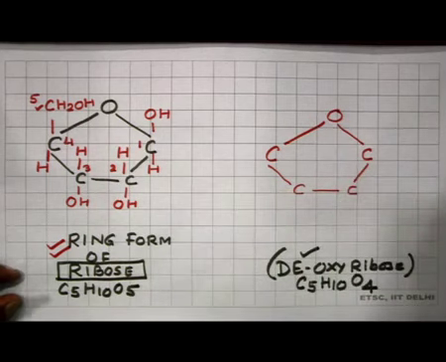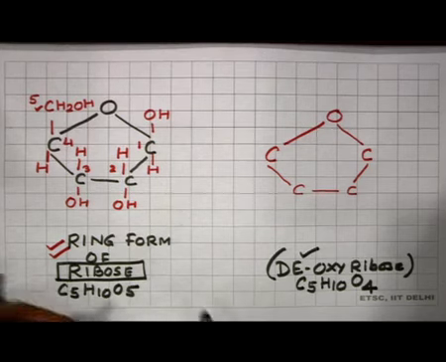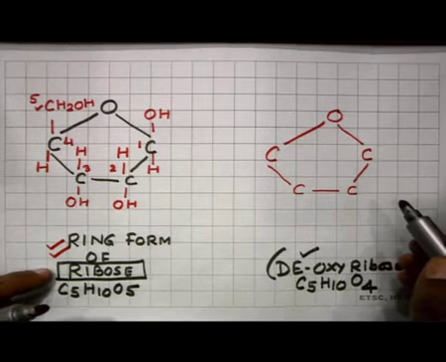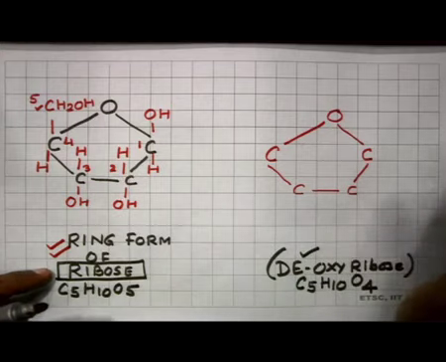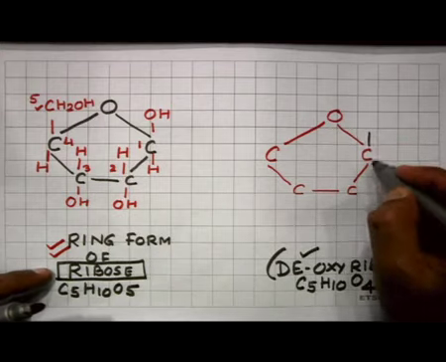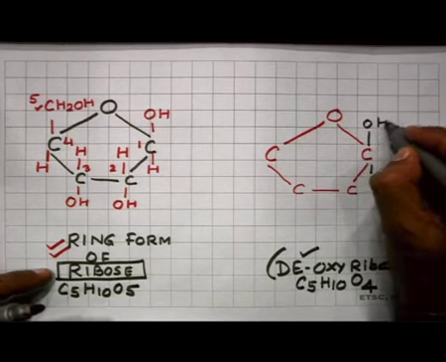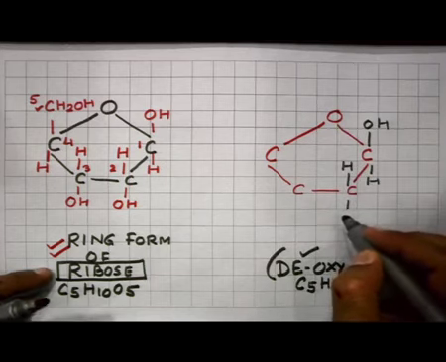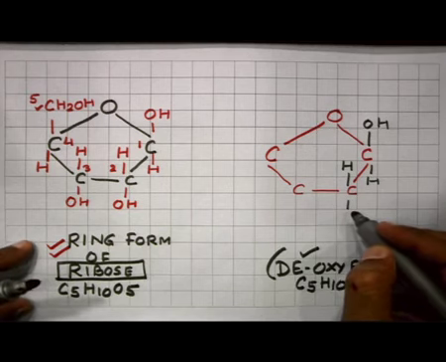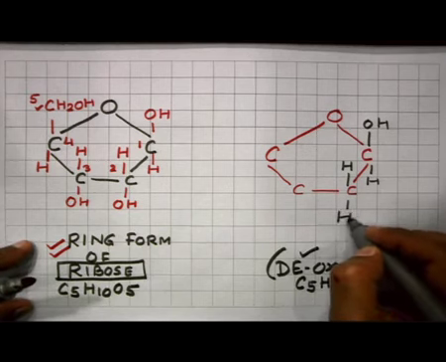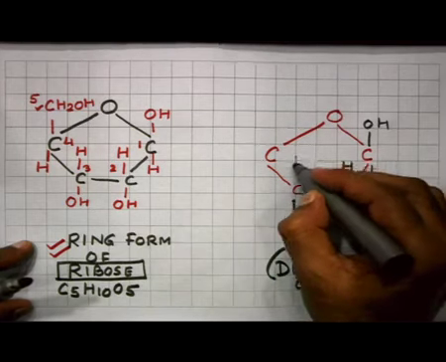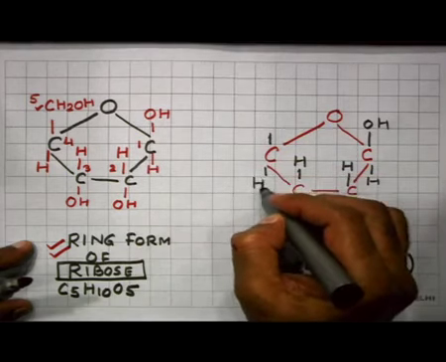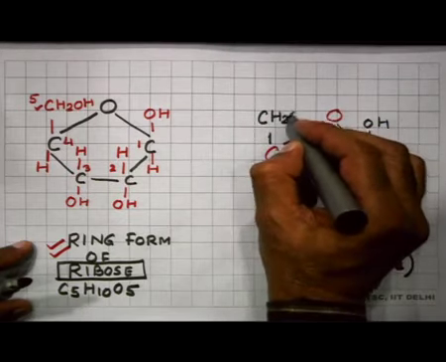Now, we know that at the second position of ribose one oxygen is deleted in deoxyribose. At the first position it is the same, OH, H. At the second position oxygen is going to be deleted, so oxygen is not present and we write H. The same at the third, and in the fourth the same as ribose, here is H, here is CH2OH.